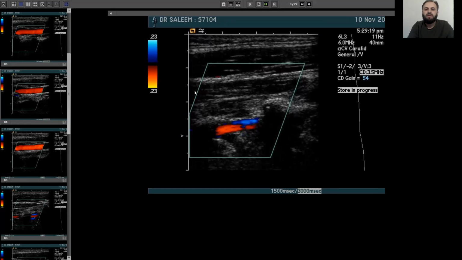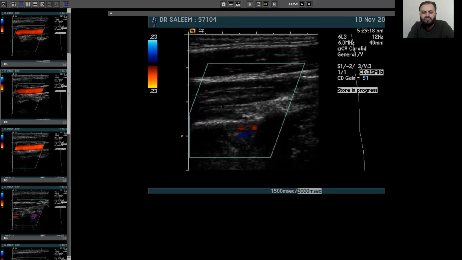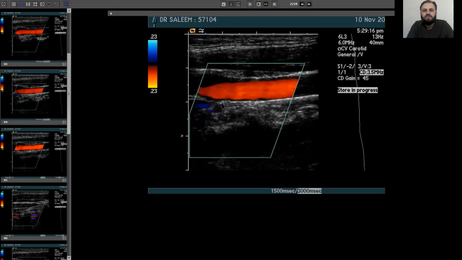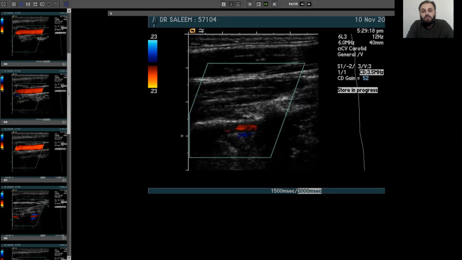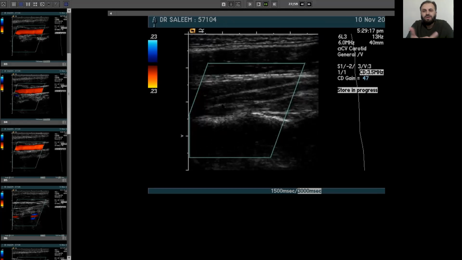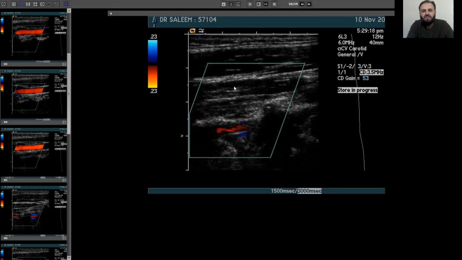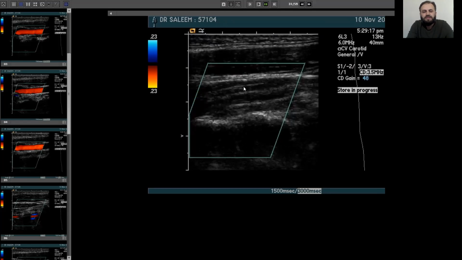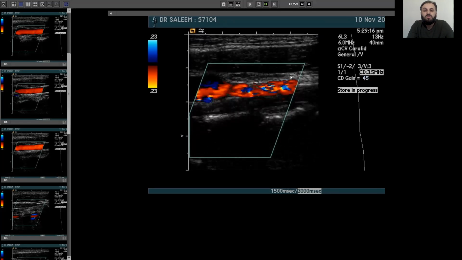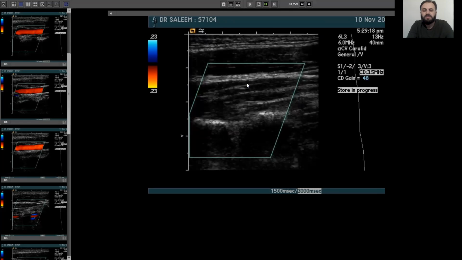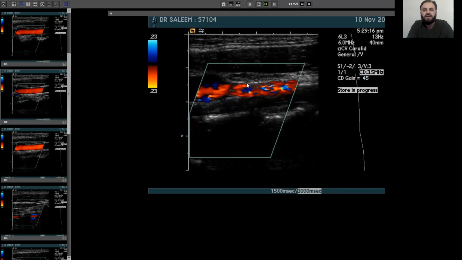So that will give us this easy trick, or easy hint, to rule out subclavian steal syndrome. Normal flow, like in this, my own neck, I just scanned myself. This is the distal portion of the CCA. It has to be the same color as the CCA, especially the distal portion of the CCA or proximal area of the ICA.